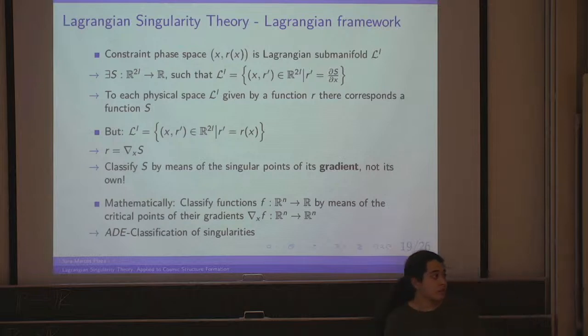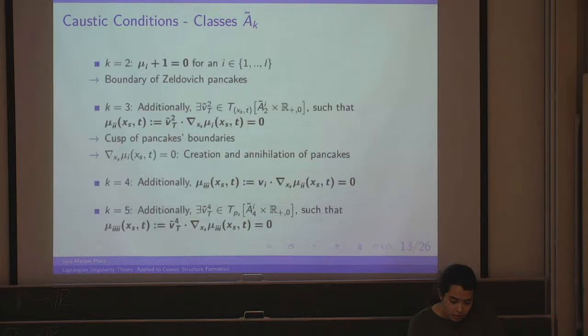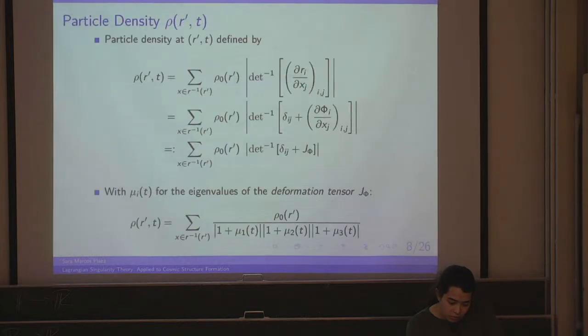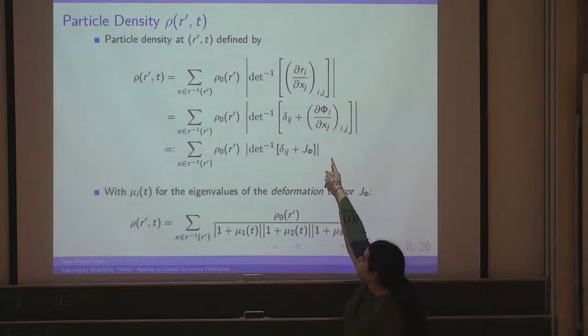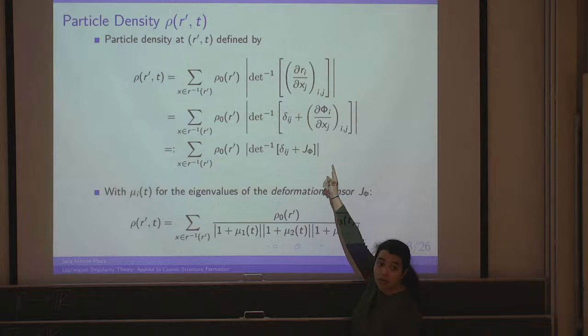But as we have seen in that picture, it's not S that becomes singular. It's not the critical points of the function S that are problematic. It's the critical points, and we saw it here when we did the density. We're actually taking a look at the points where the derivative of R becomes 0.